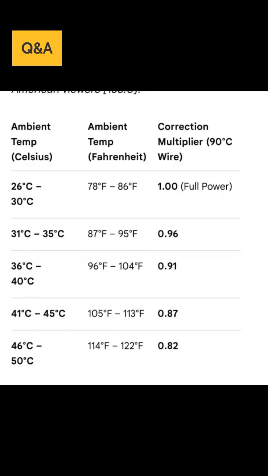And 46 to 50 degrees Celsius, ambient temperature 114 to 122 Fahrenheit, the multiplier is 0.82.